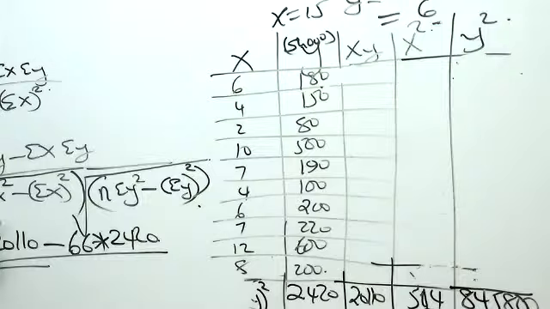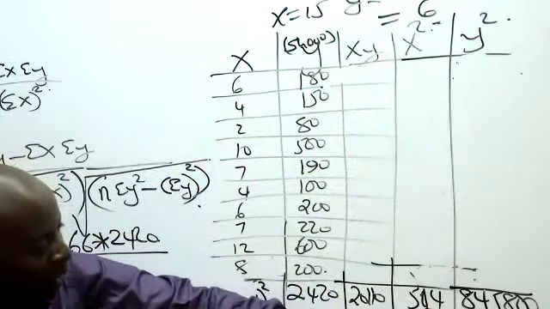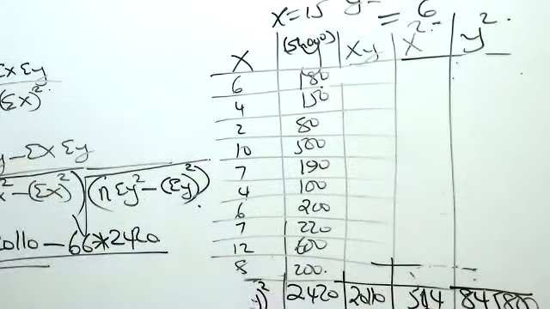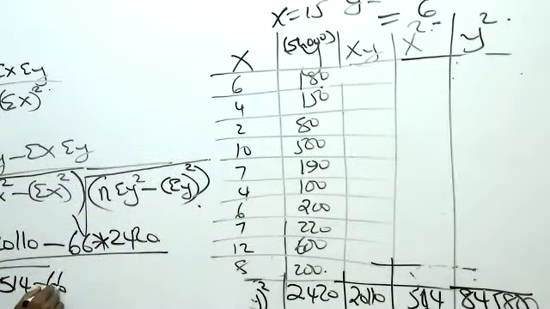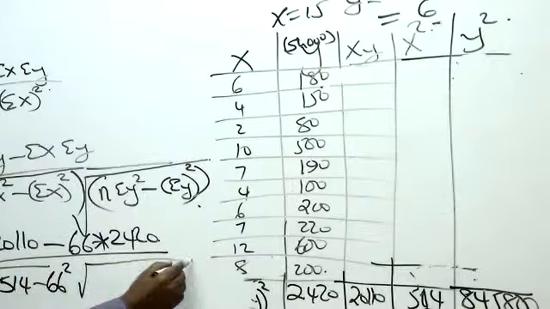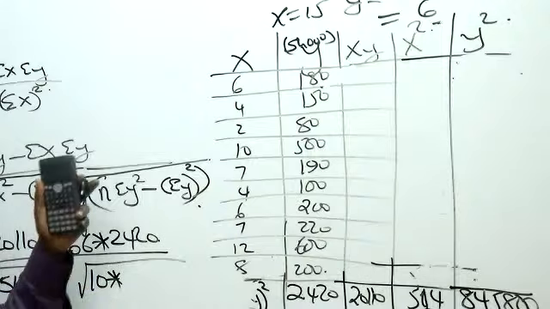Summations of x squared. This is my x squares. So the summation is 514. So 514 minus sum of x alone. Sum of x in brackets here. Sum of x is 66. This has to be squared. And then we have square root. Square root, we have n. N happens to be 10. 10 times summation of y squared.